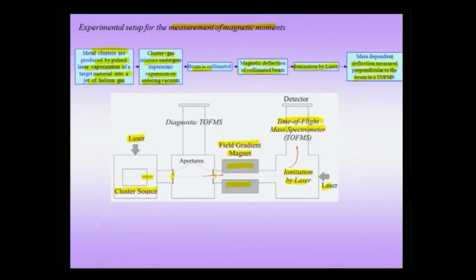This cluster source is collimated, and this cluster source is in mixture with a gas, and therefore, this gas and the cluster source goes through a series of apertures and then a field gradient as shown here. So, it goes through a field gradient, and this field gradient deflects the particles depending on their magnetic moment and their mass. And finally, to detect the particles, we ionize these clusters and finally use a time of flight mass spectrometer to deflect it and finally back calculate the magnetic moment on these clusters.